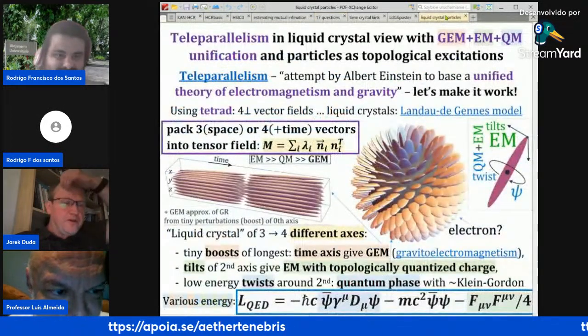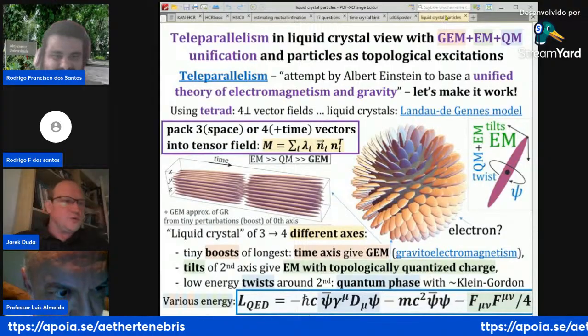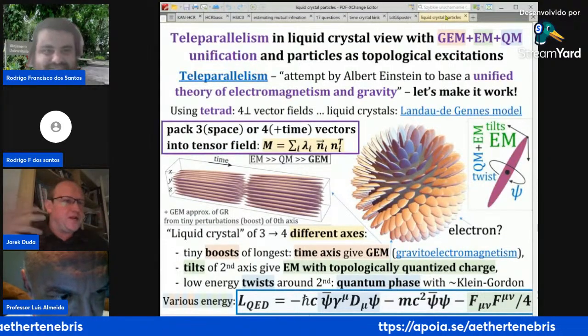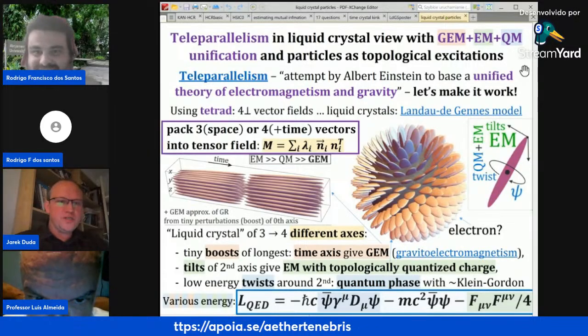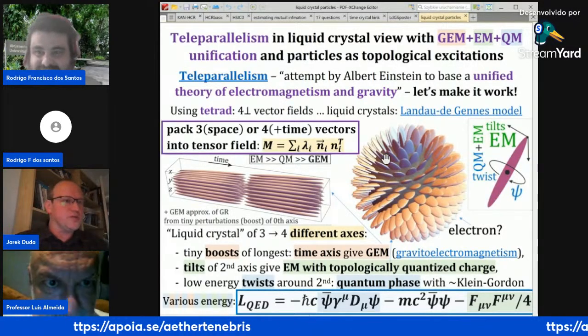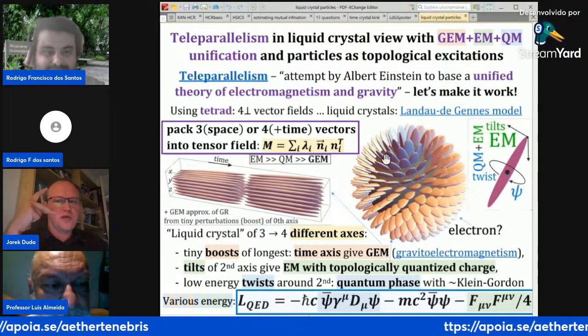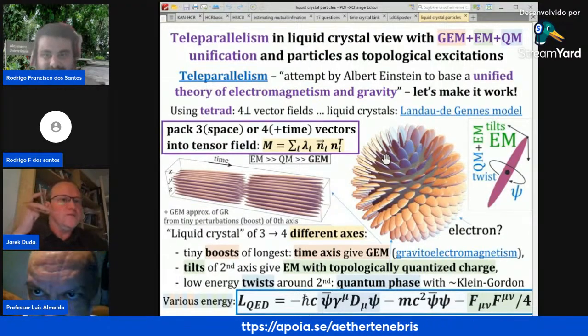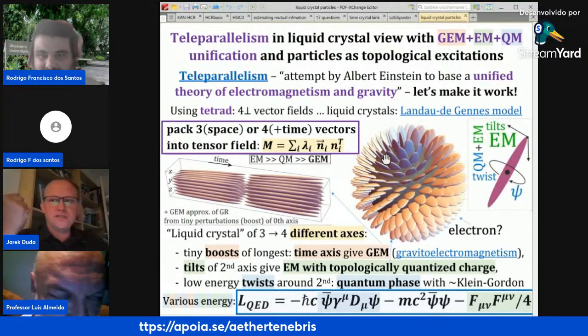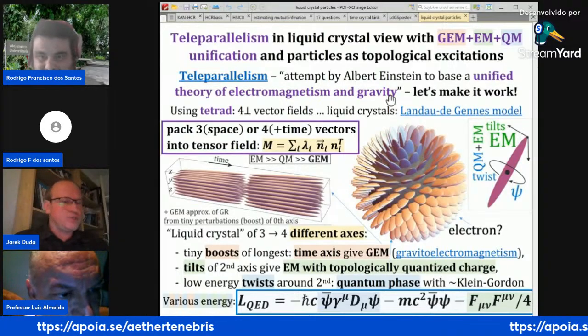Thank you very much. So I would like to talk about this view on teleparallelism from a liquid crystal perspective, which is very similar. In liquid crystals, we have molecules with three different axes: one long axis and also the twist of this axis. This is very popular in liquid crystals, generally called the Landau-de Gennes model.